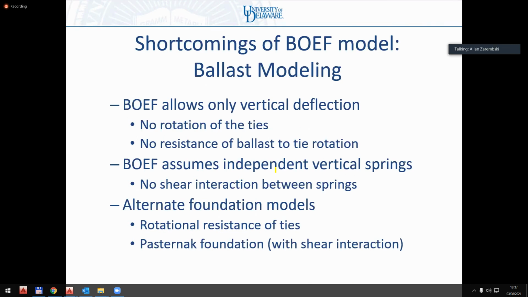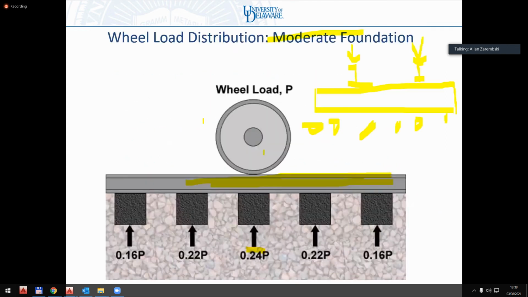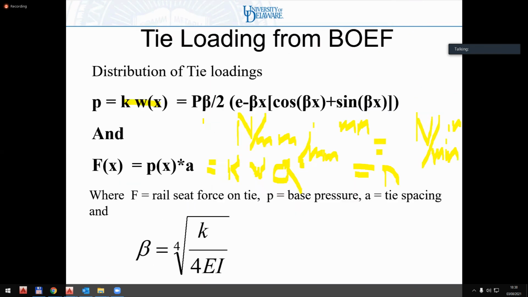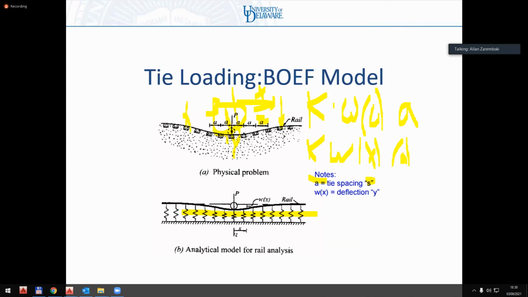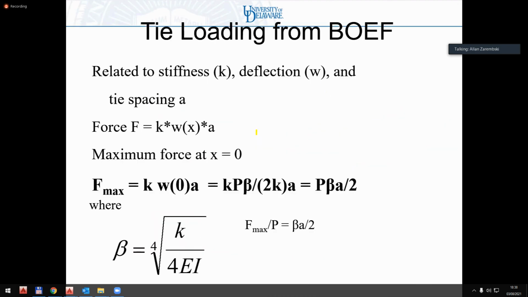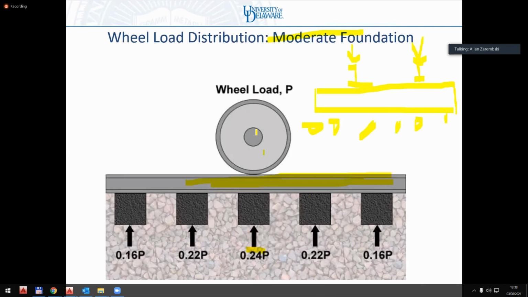Going into a little more detail, beam on elastic foundation only assumes vertical deflection. In reality, as you can see here, there is some rotation of the sleeper. The model assumes it goes straight down and doesn't rotate, so there's a small error introduced by that.